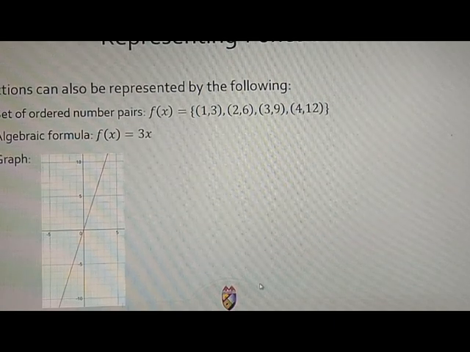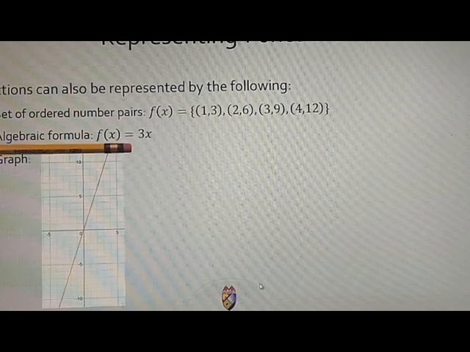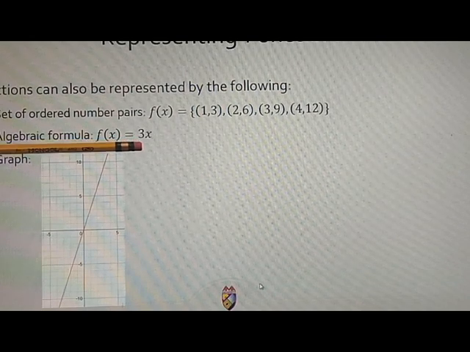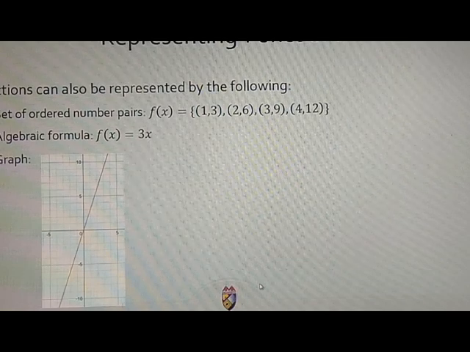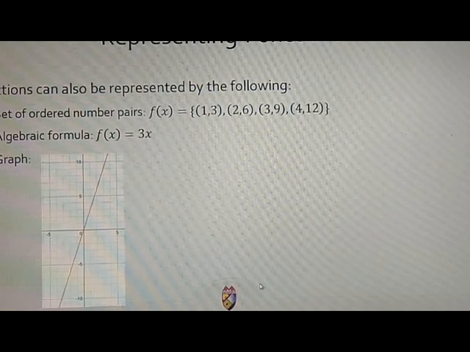Next, we can also represent a function through an algebraic formula. Here we have an example of f of x equals 3x. That's how you read that: f of x is equal to 3x. Next, functions can also be represented by a graph.